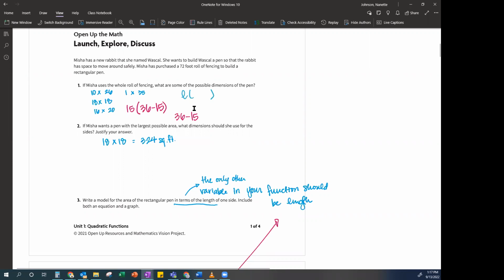Just give me a guess. I need a couple more people's responses, guys. Come on, y'all. Yeah, in this case, it would be 21. But in this case, if the length I'm using is L, what would this in here be?